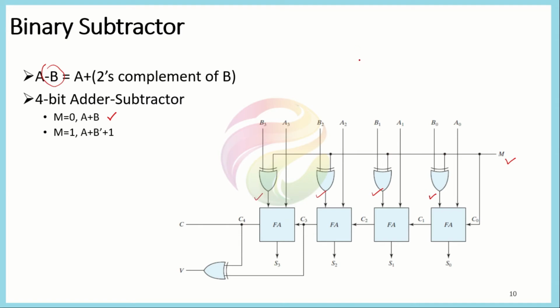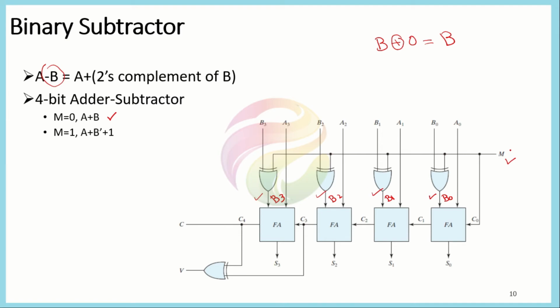We know that when m is equal to 0, we would have a term like b exclusive OR 0. And you know from the identities of the exclusive OR that we discussed in a few lectures back, it would give us b. So when m is equal to 0, we would get the same terms here, b0, b1, b2, and b3.